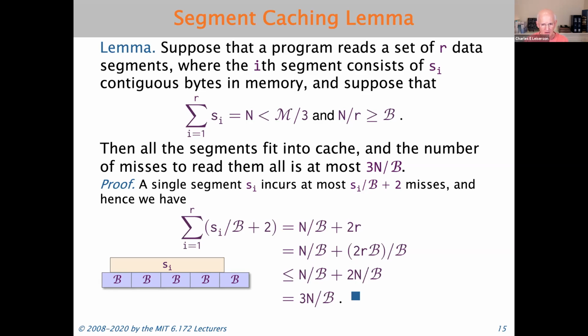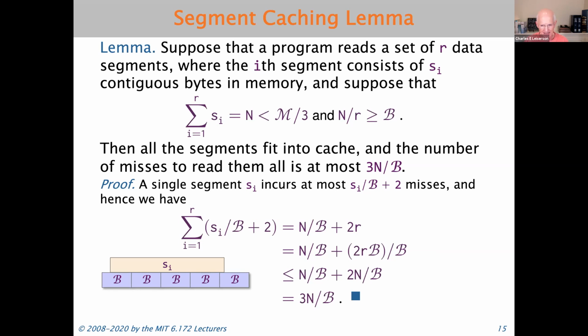How many cache blocks does S_i reside on? There are at most S_i over B blocks in the middle, plus 1 block on each end. So accessing S_i incurs at most S_i over B plus 2 misses.